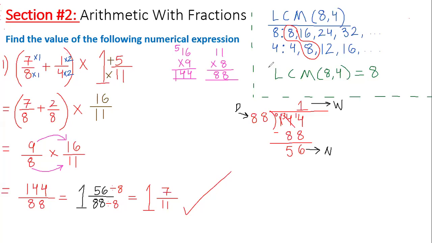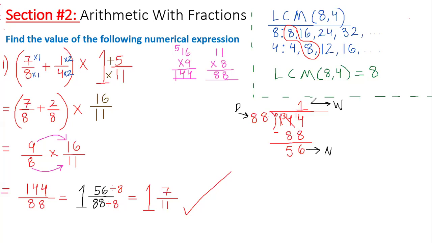And so we say 88 into 144. How many times does 88 go into 144? Once. 1 time, right? So 88 times 1 gives us 88, and 144 minus 88 is 56.